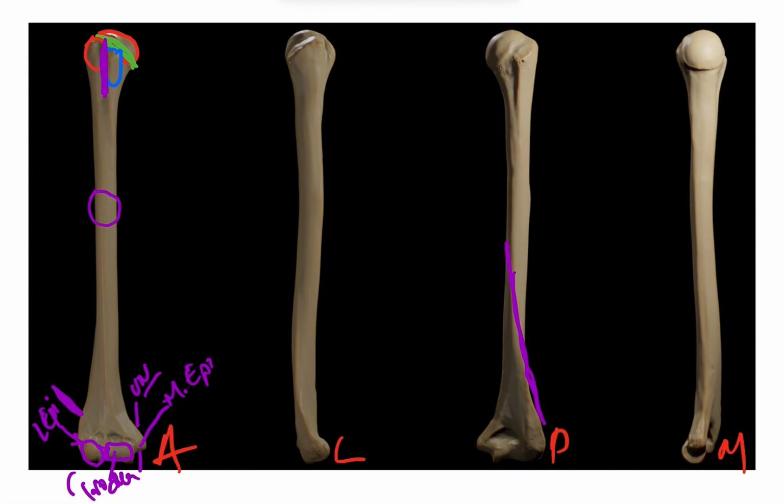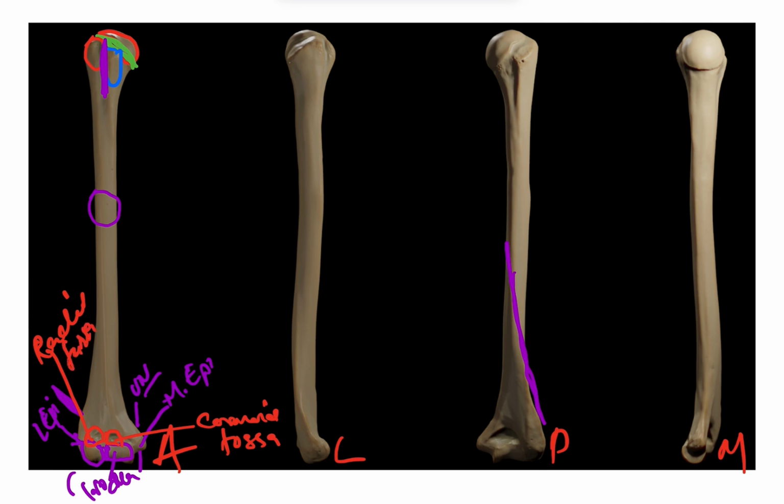Moving on, you have the coronoid fossa. It's a depression. This receives the ulna's coronoid process in flexion. Then you have the radial fossa, another depression. This receives the radial head in flexion.